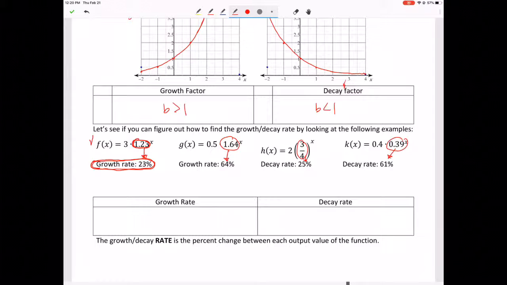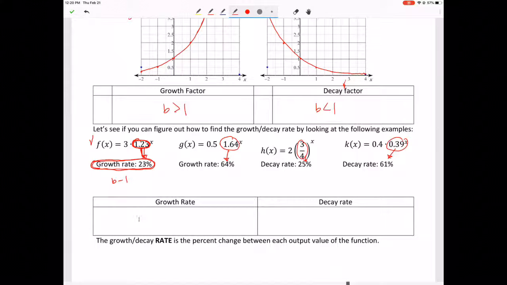Okay, so the best way to figure this out, I think obviously you can kind of see this relationship between 1.23 and 23%. So here we can notice that it is the difference between b and 1. So b minus 1.